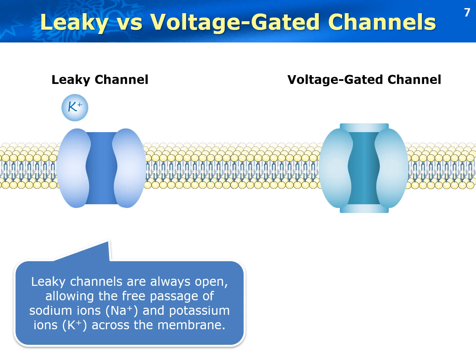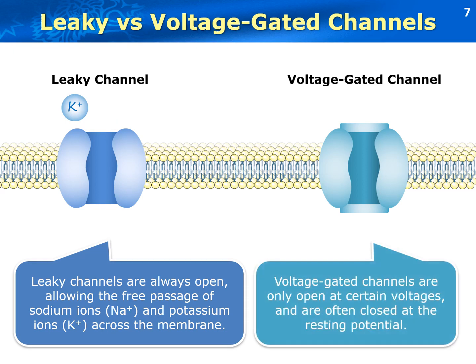In contrast, the voltage-gated channels are only open at certain voltages and are often closed at the resting potential. For instance, when the voltage is minus 70 mV, the voltage-gated channel is closed.